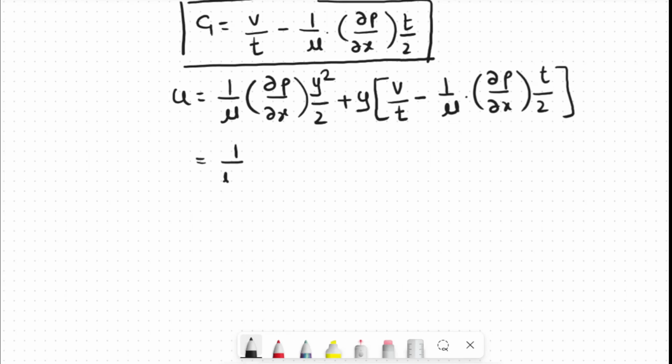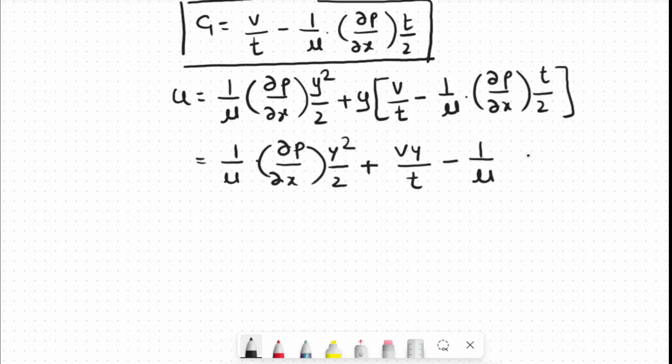So 1 upon mu into delta p by delta x into y square by 2 plus Vy upon t minus 1 upon mu delta p by delta x into ty divided by 2.